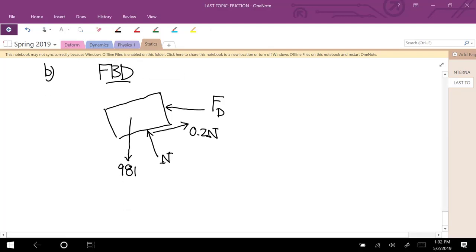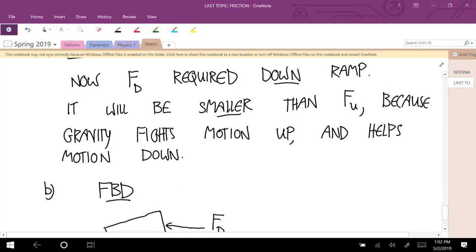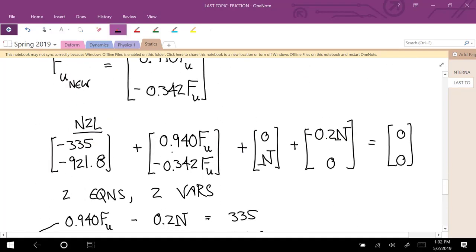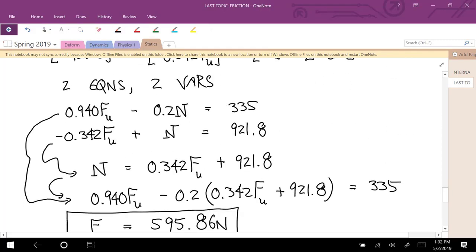Okay, well, the weight force is going to be the same. We don't have to calculate the components in the new coordinate system again. The force FD is going to look just like this one, except opposite. So it's going to be negative 0.940 FD, positive 0.342 FD, sorry.